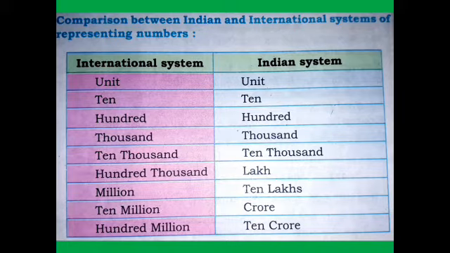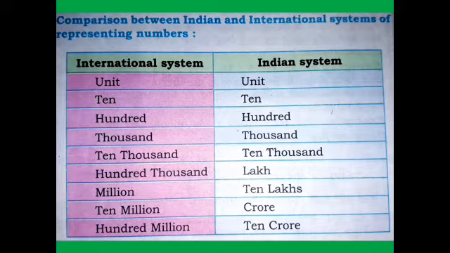International system unit, Indian system unit. 10, 10. 100, 100. 1000, 1000. 10,000, 10,000. International system 100,000, Indian system lakh. International system million, Indian system 10 lakh.